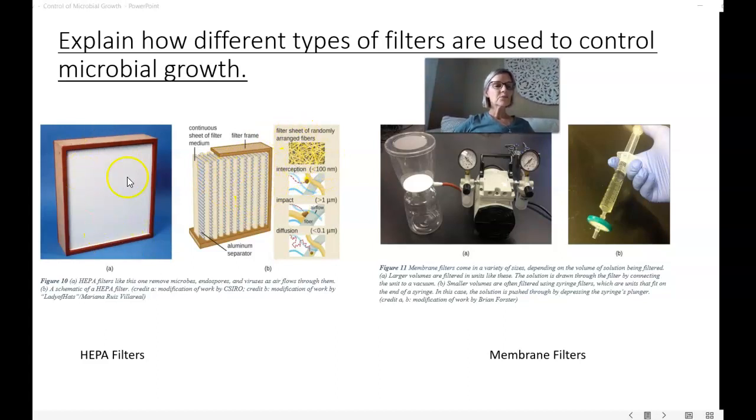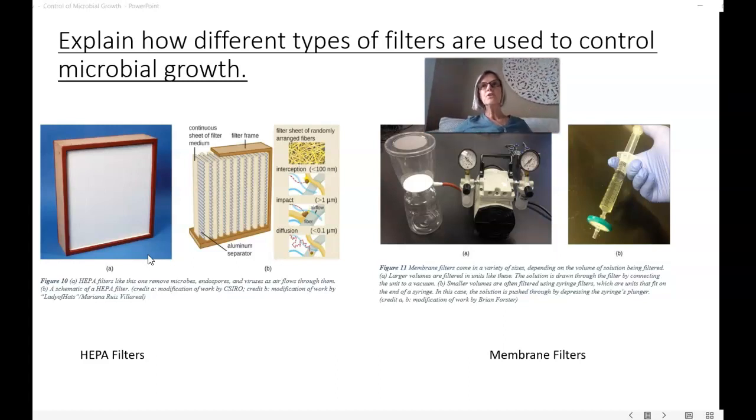And so here, you're familiar with HEPA filters because they're a lot of times on our heating and cooling systems in our houses, and vacuum cleaners a lot of times have HEPA filters associated with them. We talked a little bit in lecture about operating rooms. If you have an operating room, the air going into the operating room needs to be filtered, and that's going to be filtered through a HEPA filter.